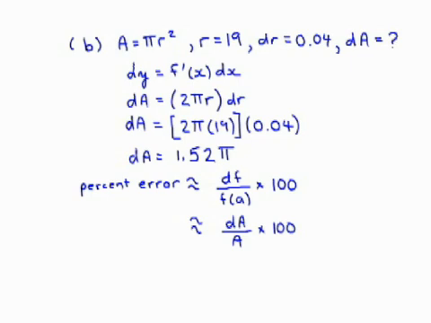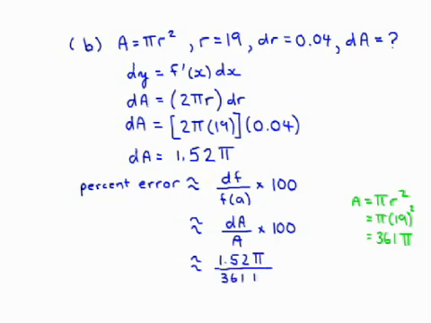We previously calculated it. We don't have A. I know we calculated it back in part A of the question, but because we're on this screen, I'm going to show the calculation again. We substitute in 19 for R in our formula area equals pi r squared, and we find our area to be 361 pi. We substitute that back into our approximation for percent error, and we end up with our answer being 0.421%.